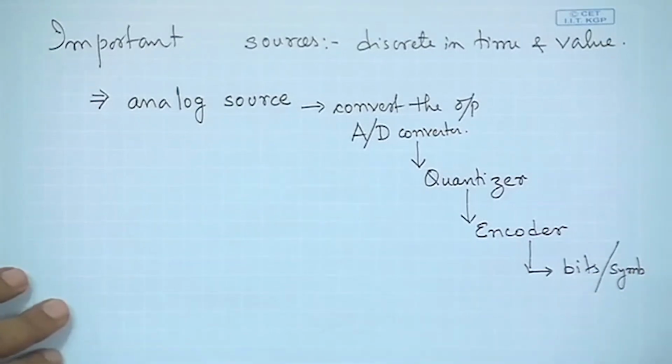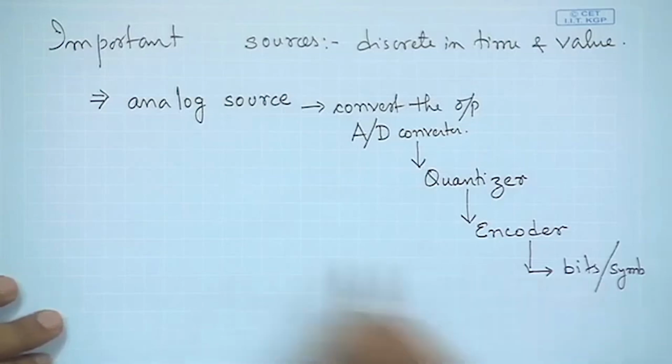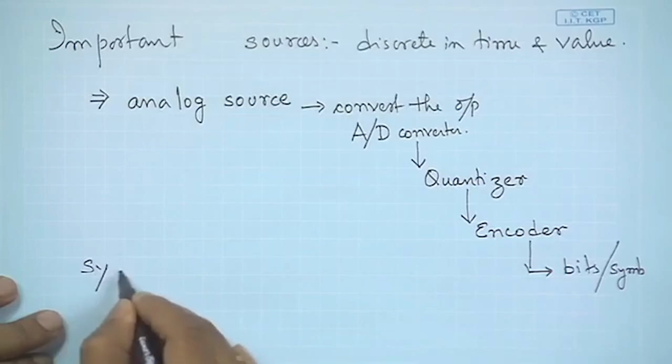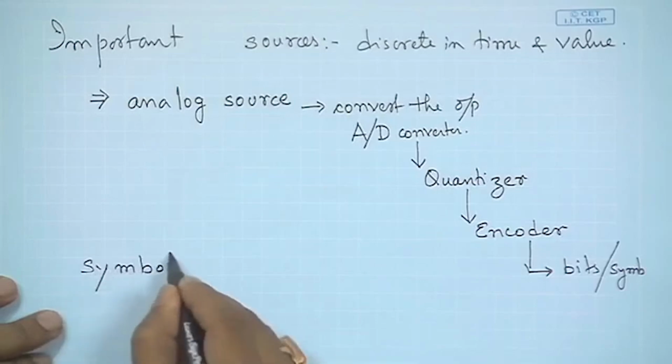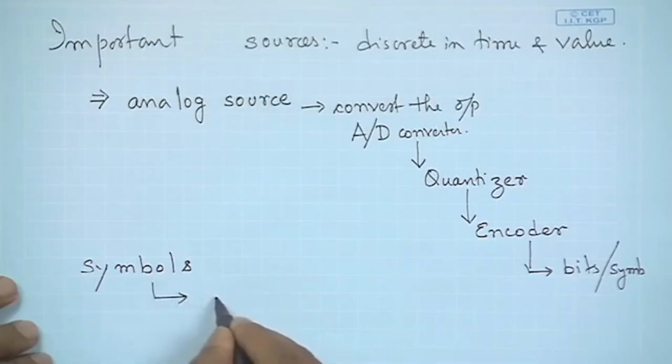So this is how things will be. These symbols would finally go into something called the channel encoder.